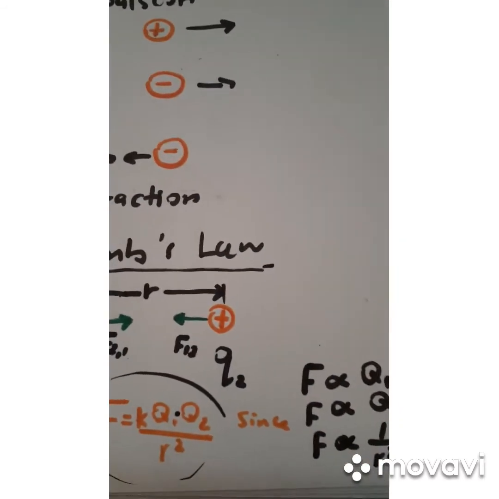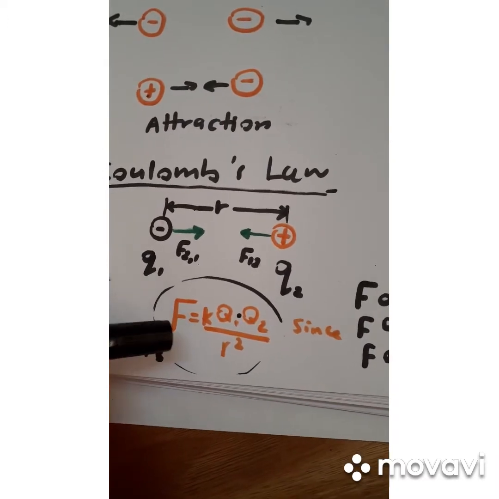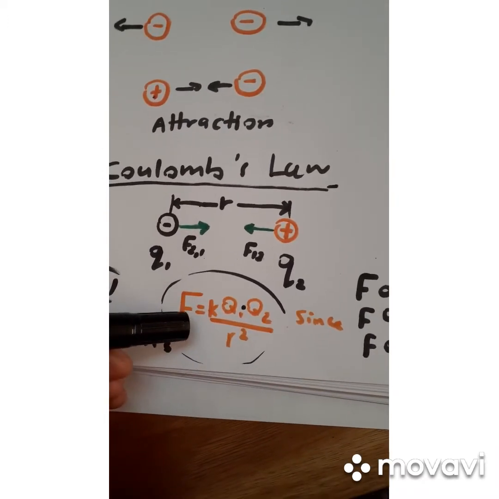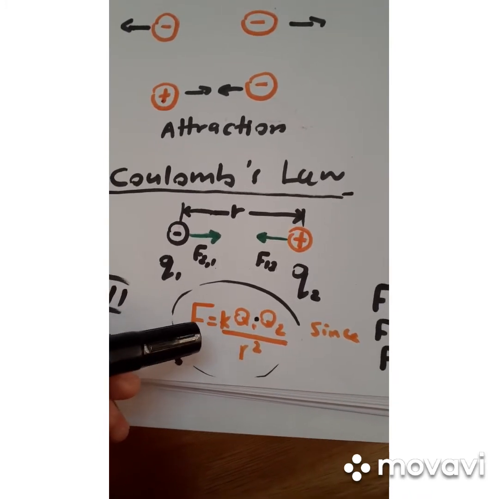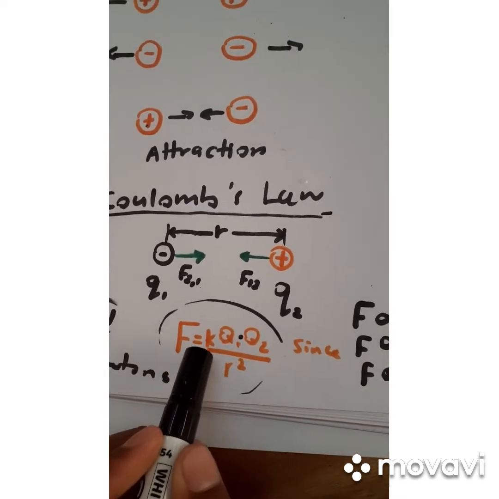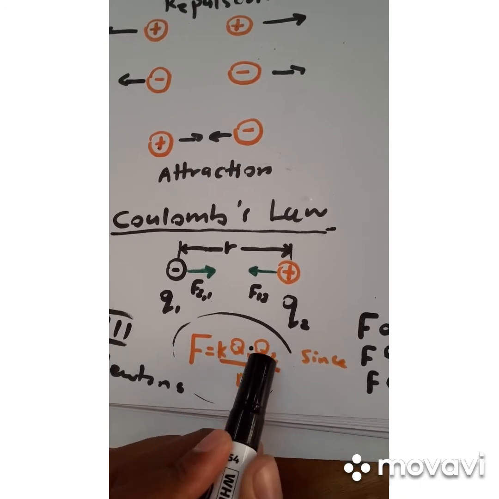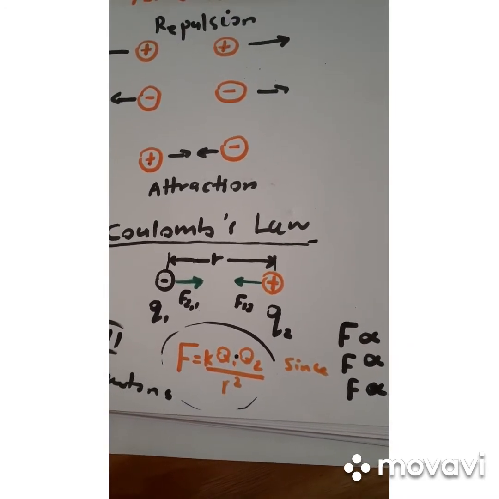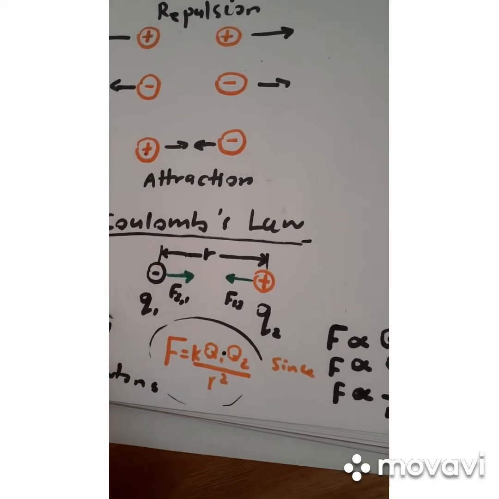So then now we can say here, this F, this is the force between the charges. The force between the charges is measured in newtons. And then now this is charge 1 and charge 2. They are measured in coulombs. And we can say, okay, let me start a new slide here.